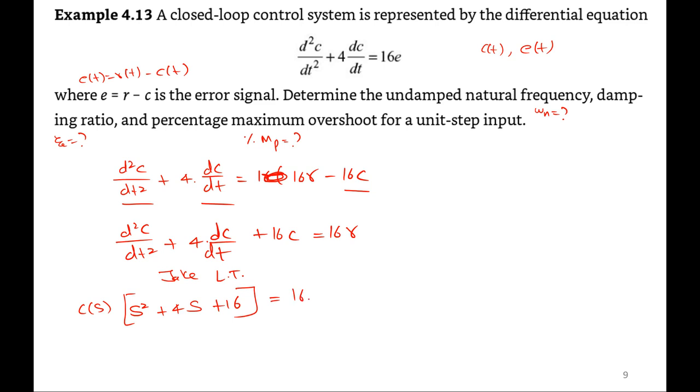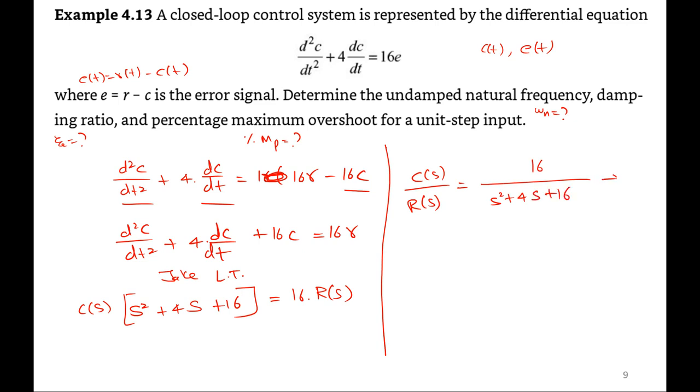Then 16 into R of t means R of s. Next I will get the transfer function. C of s by R of s is equal to 16 divided by s square plus 4s plus 16. Call this equation 1.